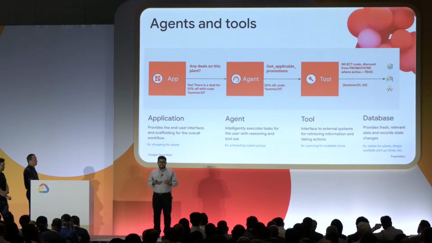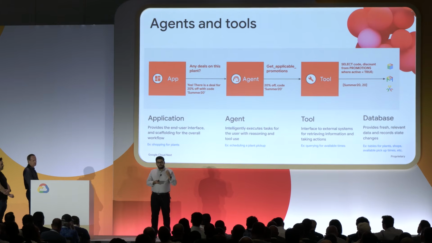The agent takes that natural language input, looks around and asks what tools it has access to. It finds the one that matches most closely, which in this case would be get applicable promotions, and it invokes that tool. Now, what the tool is actually doing is nothing but a wrapper around an existing API for some application.